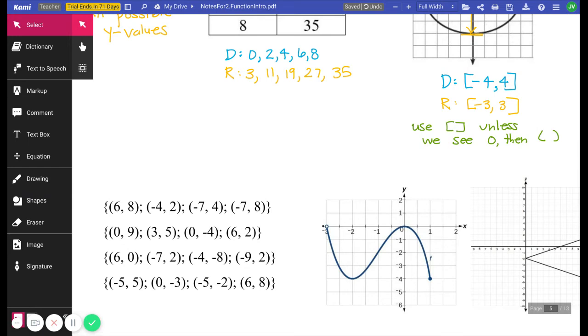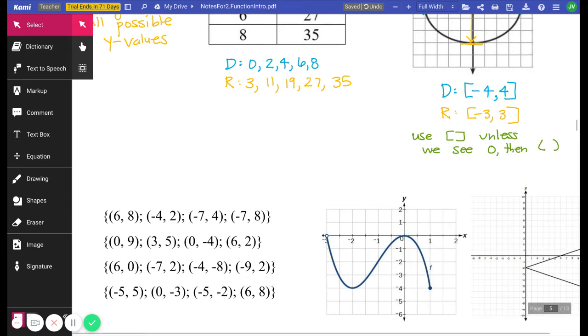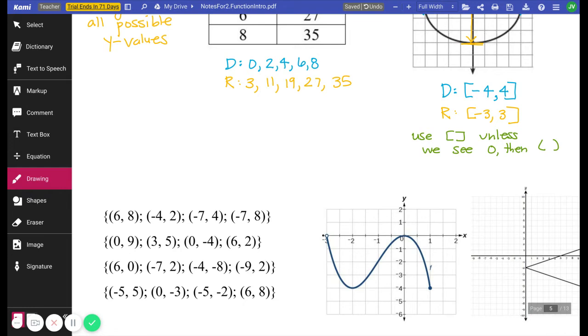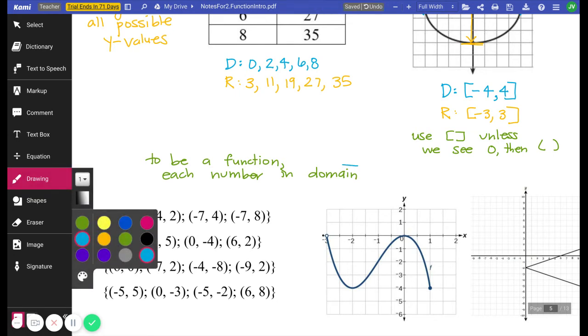Here's why this matters. To be a function, each number in the domain, x values, let's bust out that blue to kind of really make it bedazzle.